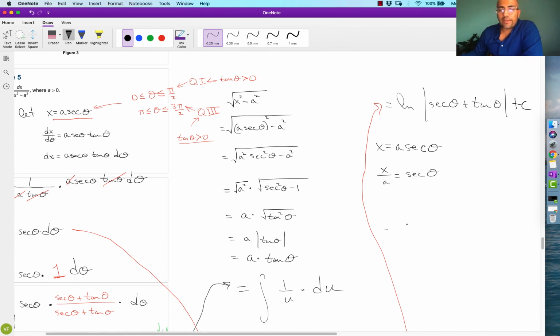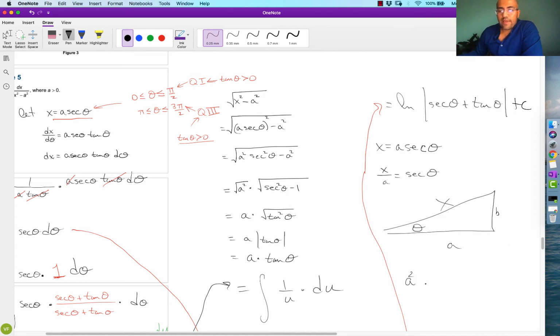And if we create a triangle now, here's my theta. So cosine is normally adjacent over hypotenuse, so this secant is going to be hypotenuse over adjacent. So this is going to be x over a. Good. Okay, and there's some value over here missing.